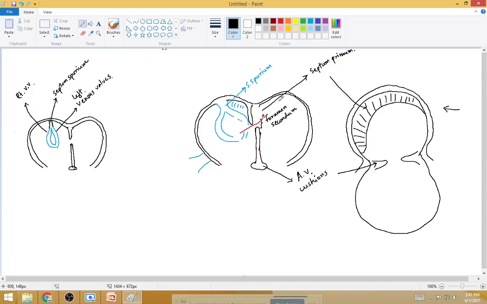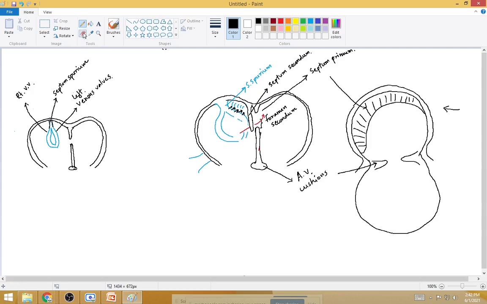Why does this septum secundum appear? Because this is giving more pressure over here. So the septum secundum also appears. This is a fold, or a fold plus an active process. Now the septum secundum will grow more and more, so that it is now overriding this foramen.